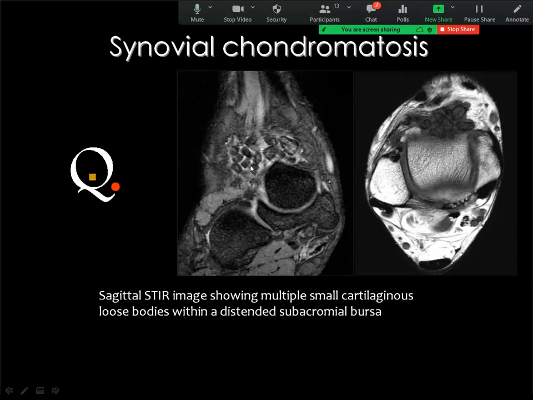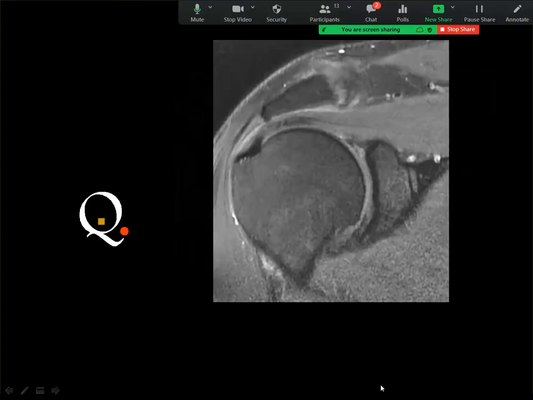The loose bodies are of dark signal in all sequences. Sometimes they contain marrow, especially in the larger bodies.